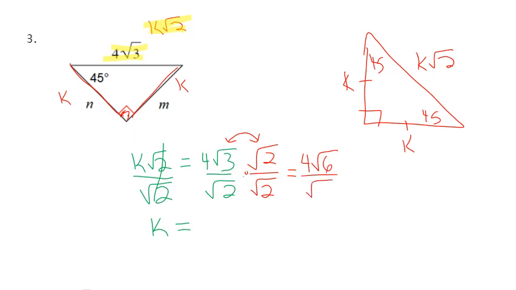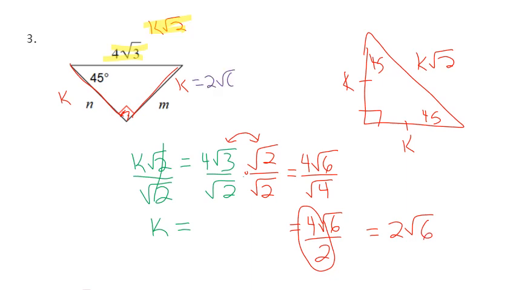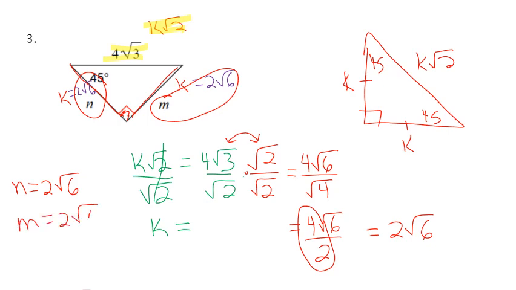On the bottom, I get root 4, which is 2. And then when I simplify, I get 2 radical 6. So wherever I see a k, I know that's 2 radical 6. And so from here, you would get the answer for n and for m. So n is 2 radical 6. M is 2 radical 6.